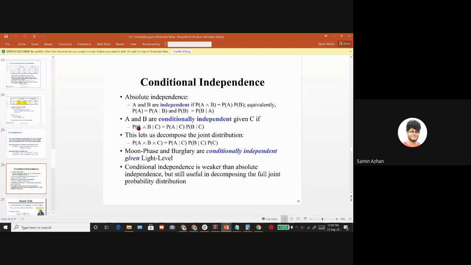You can assume that A and B is X, so the probability of X given C should equal the conditional probability formula, the probability of X and C divided by the probability of C. If you replace X with A and B, you'll get this, and if you put the probability of C on the right side, you get this. So it's simple mathematics. If you're a little confused, I suggest you just grab a piece of paper and work this out.